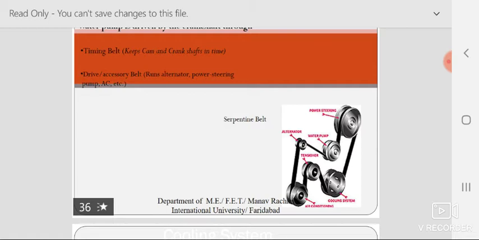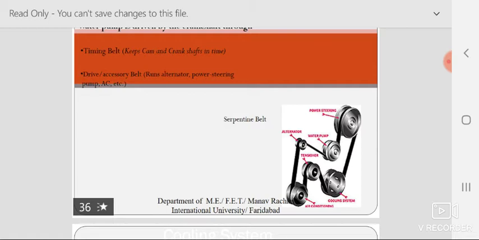As a result of the compressor up and down movement, there is compression of the refrigerant. That's a different cycle, refrigerant cycle. But rotation is required, and that is done by the air conditioning pulley. That is the round structure you are seeing here.